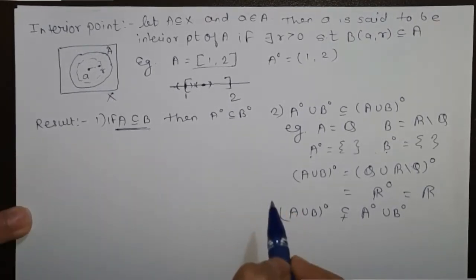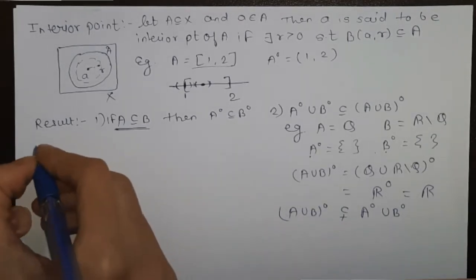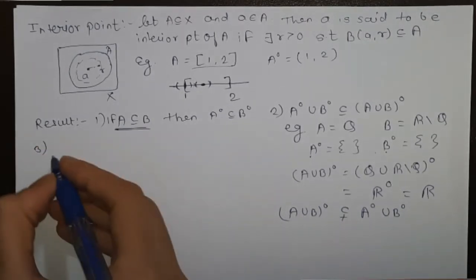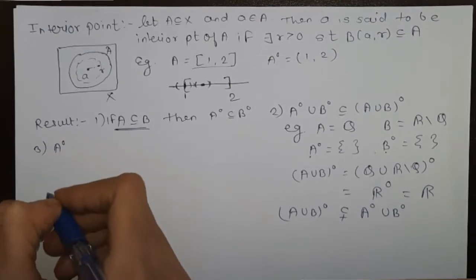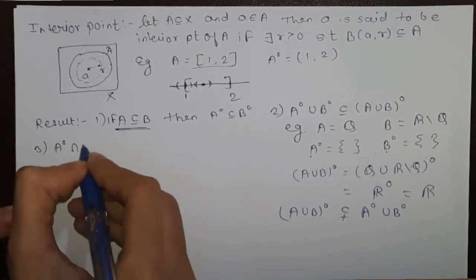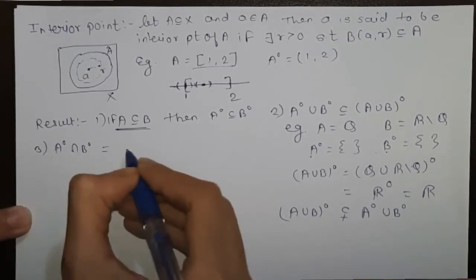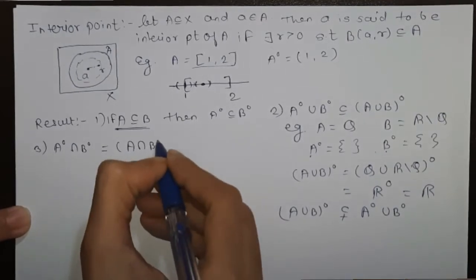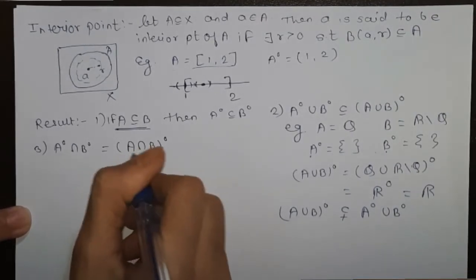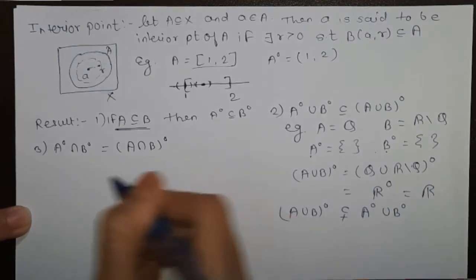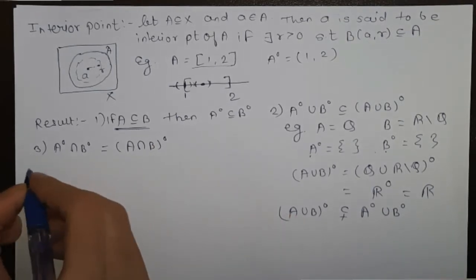But this condition is satisfied with intersection, which means A interior intersection B interior is equal to the interior of A intersection B. How will we prove this?